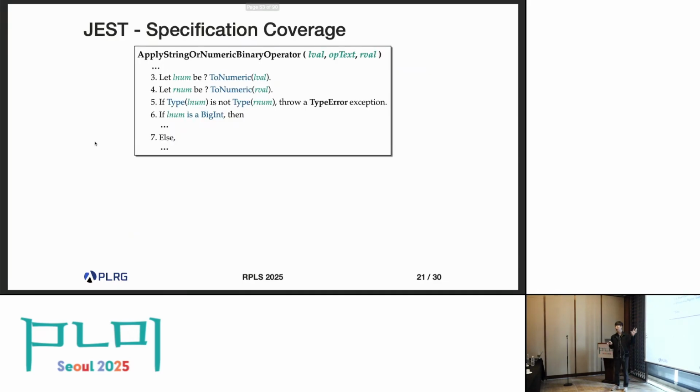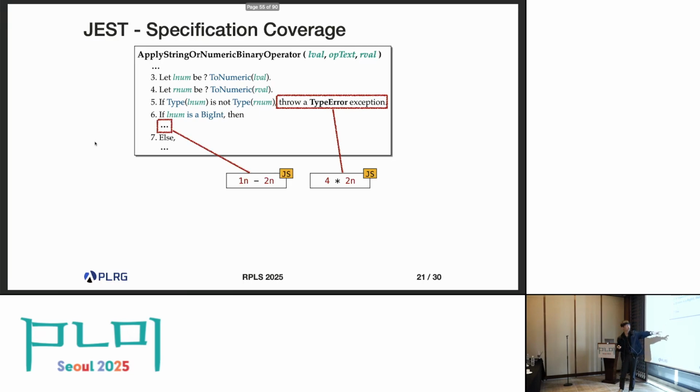Specification coverage means that we have a program pool. If we have this program, we can cover that part. If we have this one, we can cover this one. But actually, we think that it is not enough. Why?